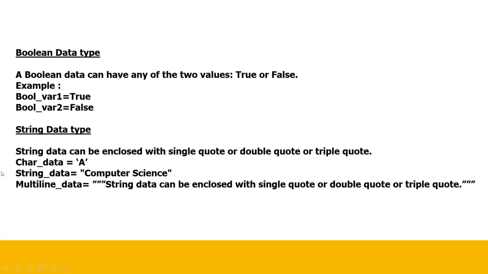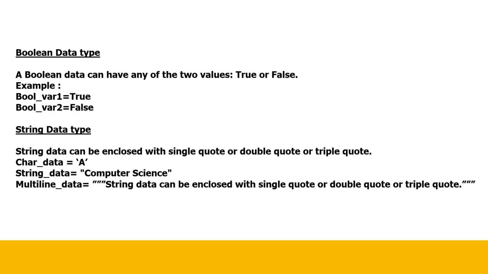Boolean data type. A Boolean data can have either of two values, true or false. Whenever we enter a Boolean data type, we will get either true or false. String data type. String data can be enclosed within single quotes or double quotes or triple quotes. Already we have seen what a string literal is.